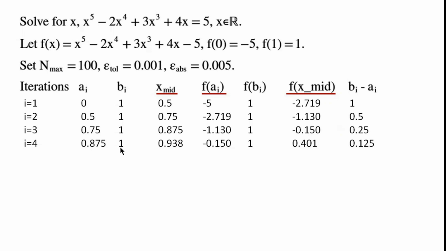We set bi to be equal to 1, x mid equals 0.938, f of ai equals minus 0.150, f of bi equals 1, f of x mid equals 0.401, bi minus ai equals 0.125.